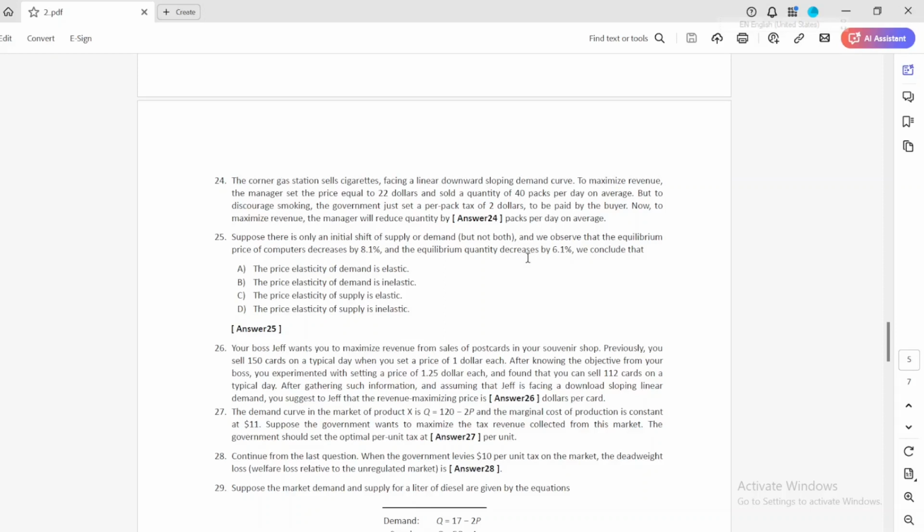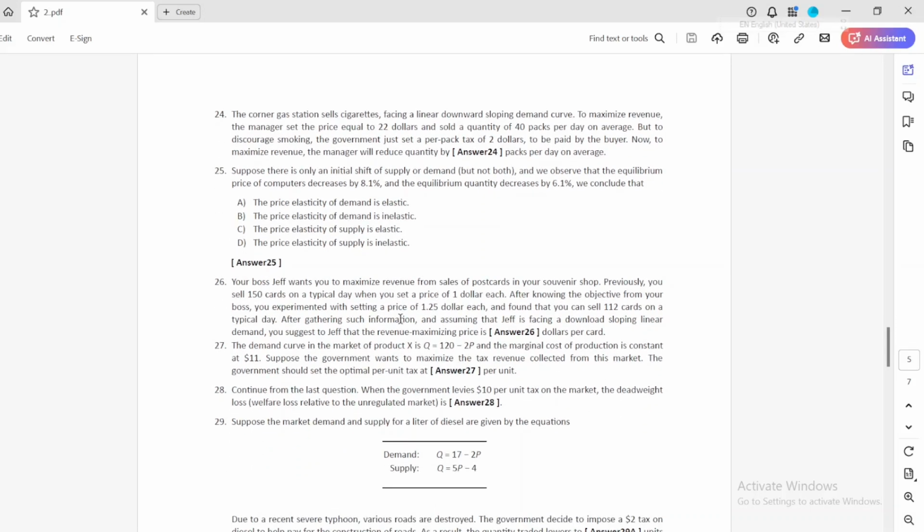In the price and quantity. So it should be the supply curve. But when there is a change in price, the quantity has not changed that much. So the price elasticity of supply is inelastic. So option D is the correct option.